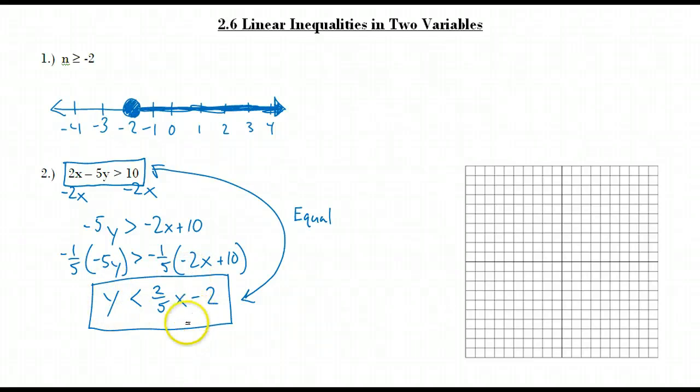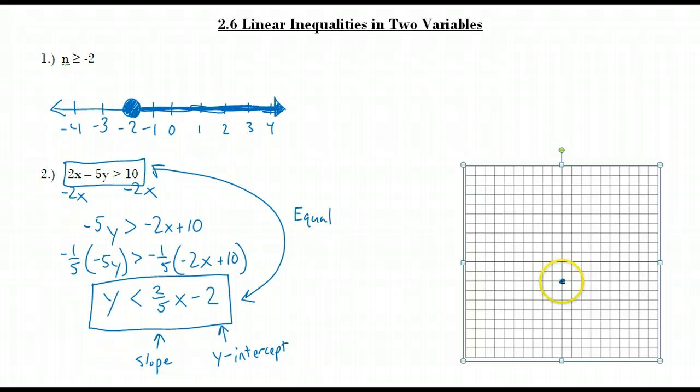To figure out what ordered pairs x and y work for this inequality, I'm going to graph this. My slope is 2/5. My y-intercept is -2. So I'm going to go down 2, and from there I have a slope of +2/5.